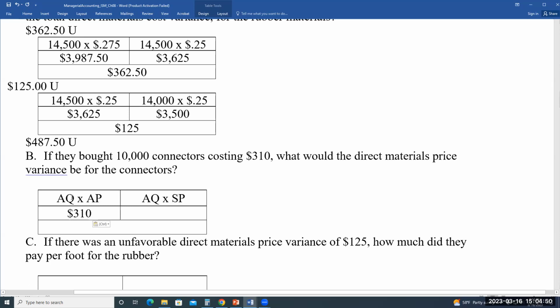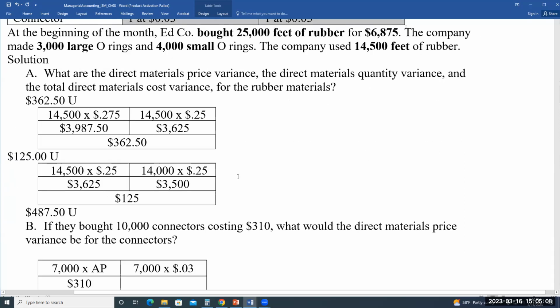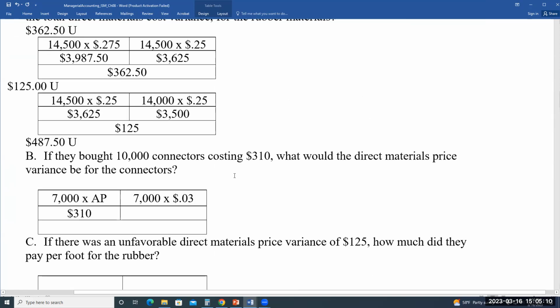So the actual quantity here is 7,000. The standard price is 3 cents. They gave that number to us here, 3 cents. And let's see, the actual price we can get.